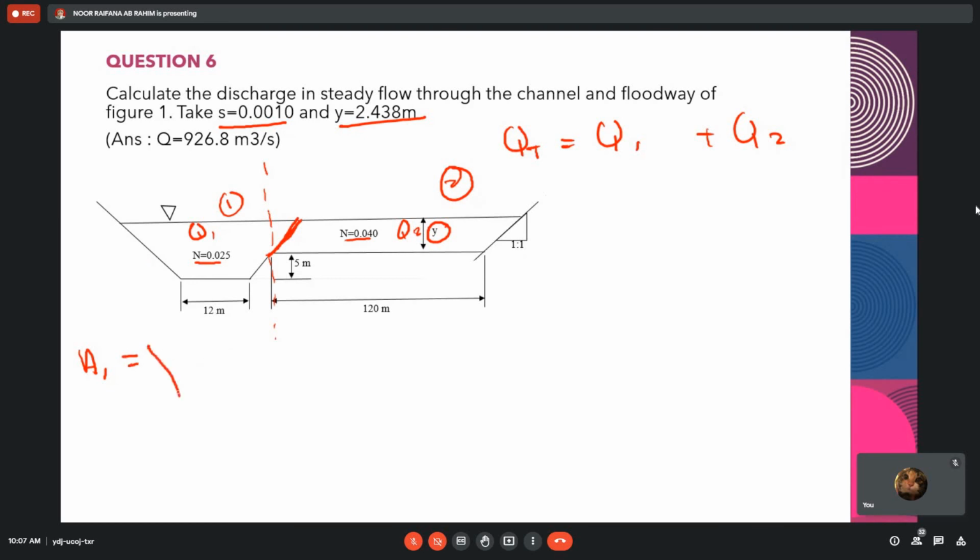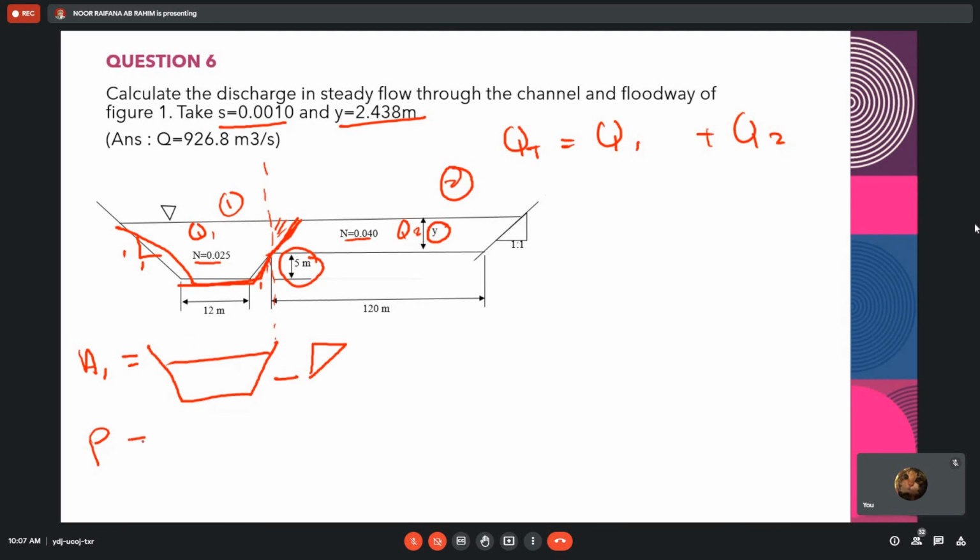Maksudnya yang trapezoidal tu minus ni yang kecil ni. Dah dapat area and then bolehlah kira dia punya P, weighted parameter, semua ni je. Ni, sini dengan sini je weighted parameter. So nak kira dia dah bagi semua ni, kena kira lah. Ni 5 tinggi dia. So slope kat sini pun 1, 1. Slope sini pun 1, 1.